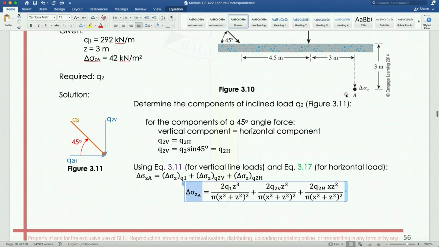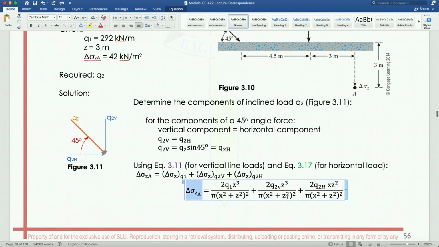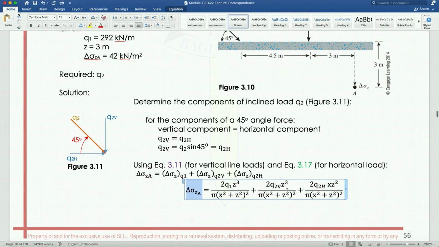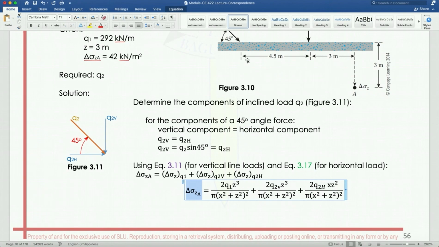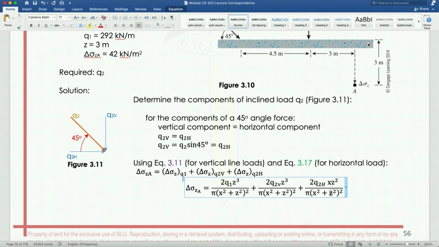For Q2 vertical, z is the same, 3, and x is 7.5. The remaining unknown is Q2, for the horizontal component, with x equal to 7.5 and z equal to 3.